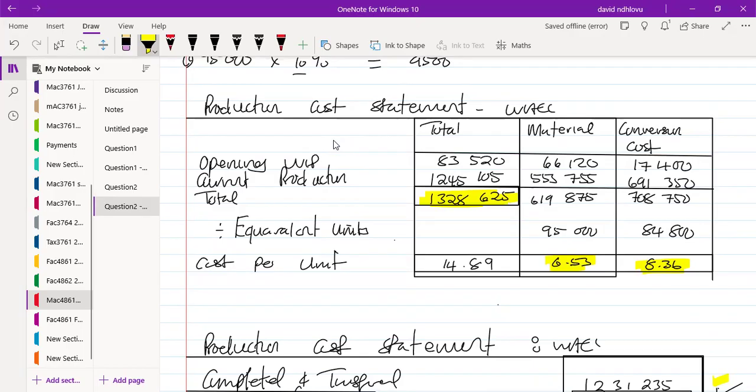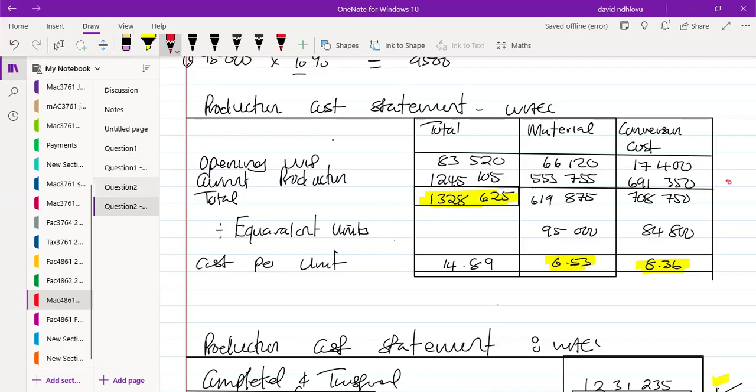So where did you get the actual size? It's just that I didn't complete my notes. You're saying which figure? The 1245. We are supposed to add, né? We are adding here. Between the two, I'm getting 1245 plus 83,520.